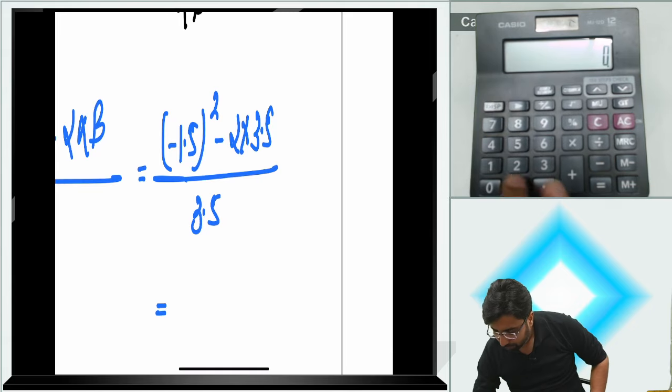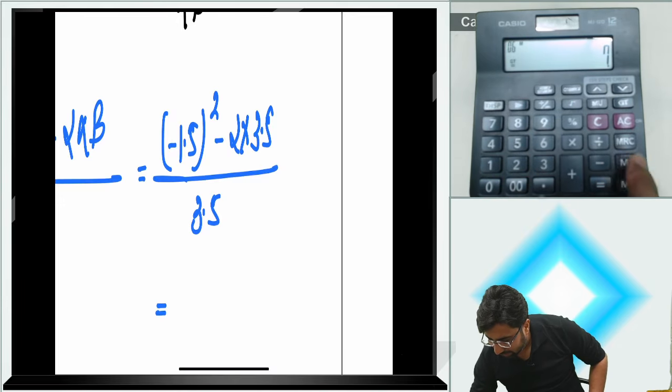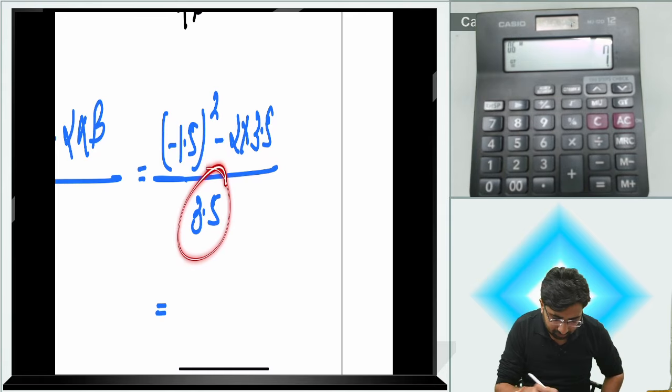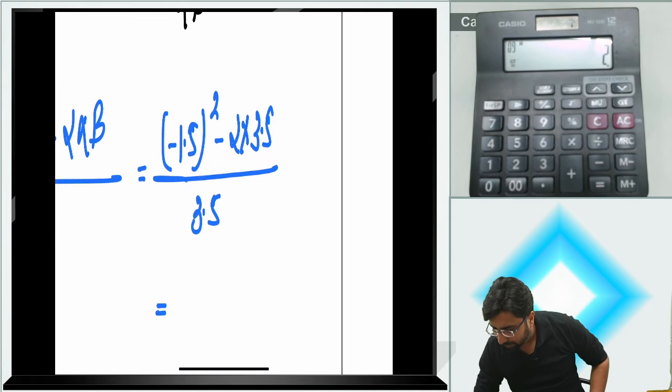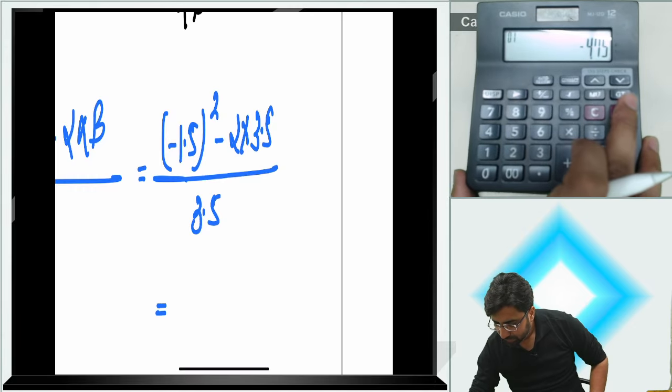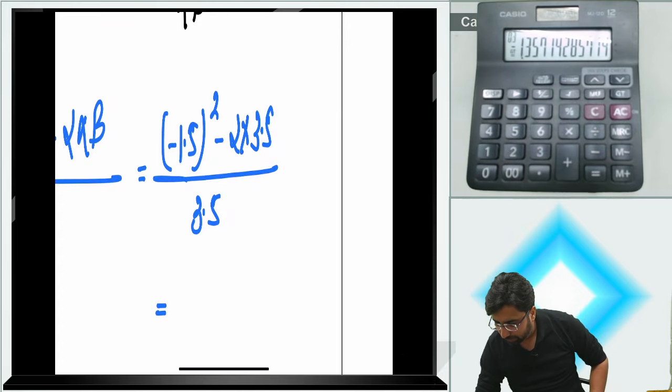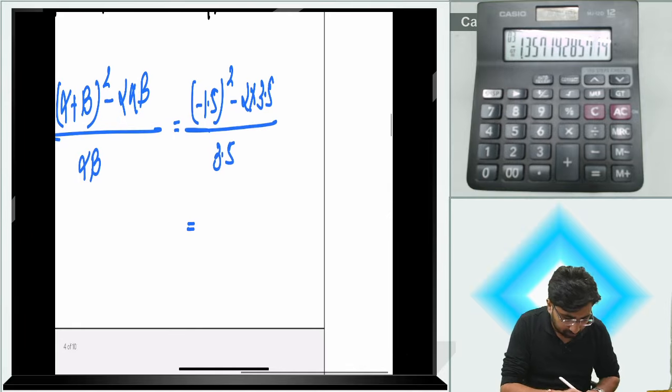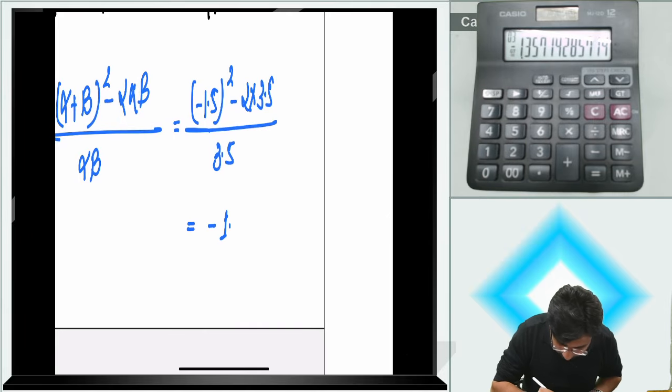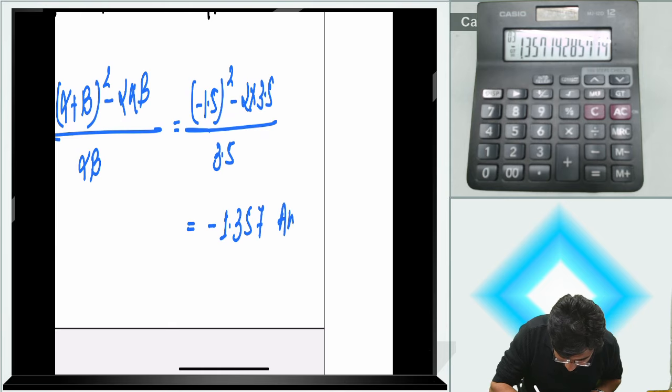Again, 1.5 into 1.5 is equal to, M plus, 2 into 3.5 is equal to 7, M minus. I need M recall divided by 3.5. Guys, are you all getting minus 1.357? Yes, we are getting minus 1.357.